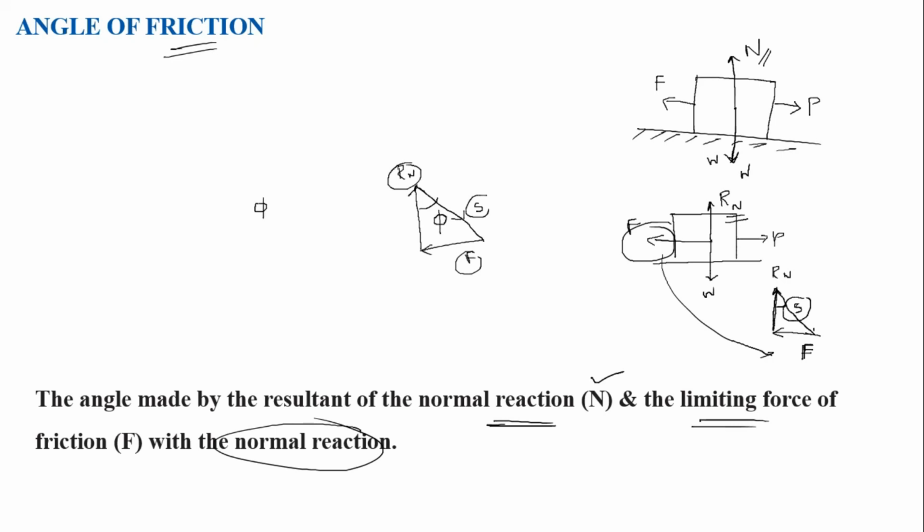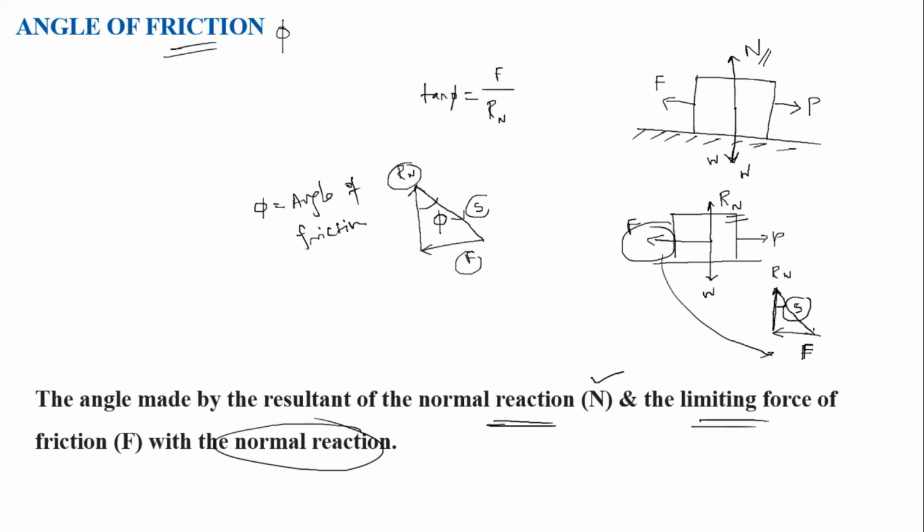This phi is called the angle of friction. Here, tan phi is equal to F divided by Rn.